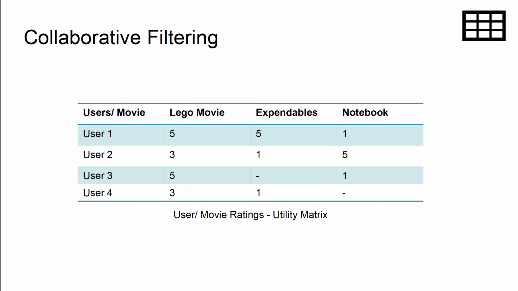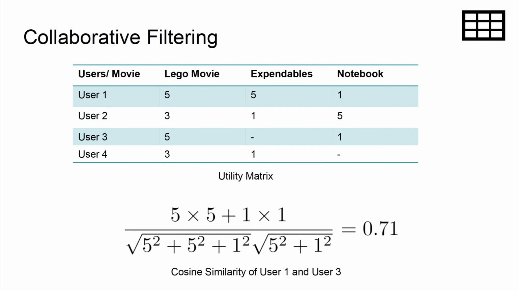So this is how your data is represented in collaborative filtering algorithms. On one axis, you have the users, and on the other axis, you have your movies. And everything that you see in the middle are the ratings of the movies. So let's compare two users together. Let's say user 1 really liked Lego Movie, really liked Expendables, didn't like Notebook.